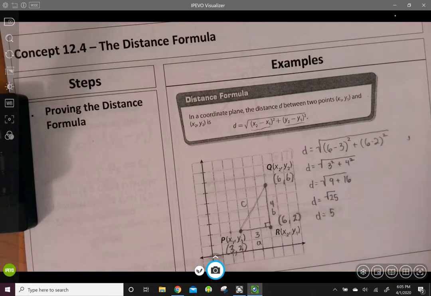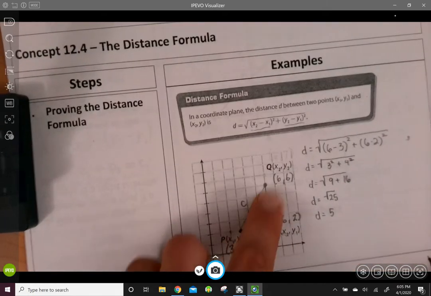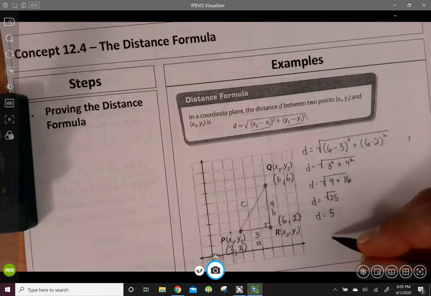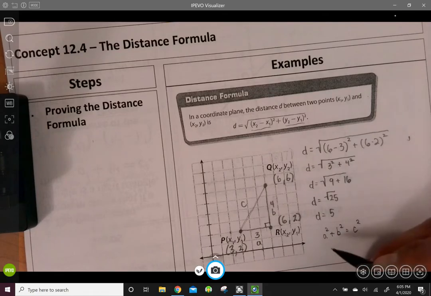So again, we can use the Pythagorean theorem if we have these points on a coordinate plane, and this is kind of how we prove this. A squared plus B squared equals C squared. A is 3, and B is 4, and we don't know what C is.